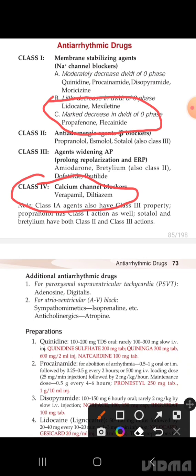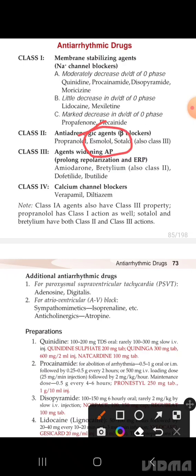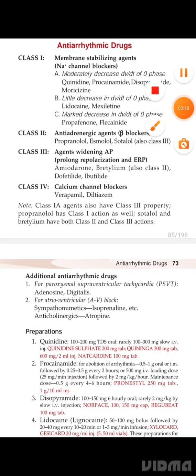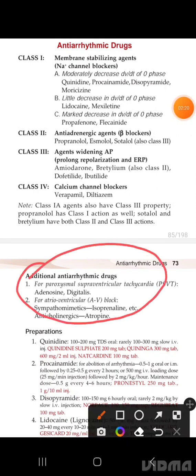The next drug is esmolol. Esmolol comes under anti-adrenergic agents, that is, the beta blockers. The last option is adenosine. Adenosine is used for paroxysmal supraventricular tachycardia. So the correct answer for this question is adenosine.